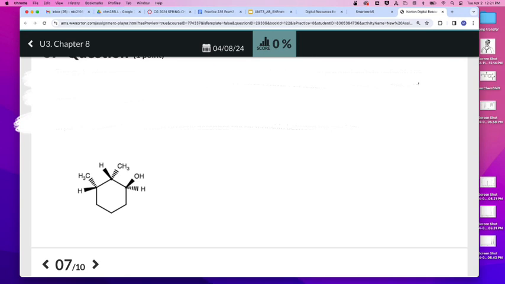We want to run a chemical reaction with this. Should it be substitution or elimination? What do you think?